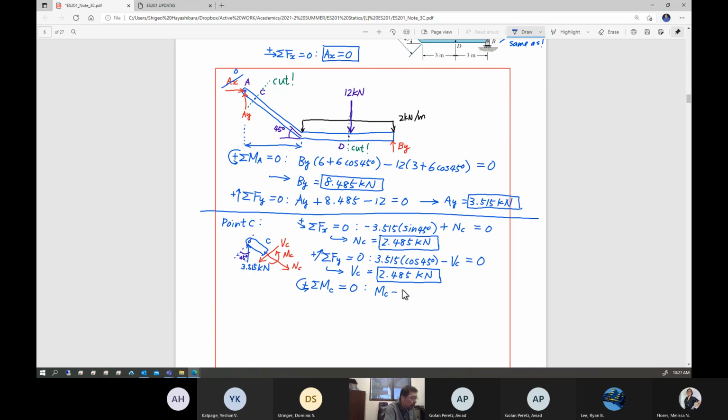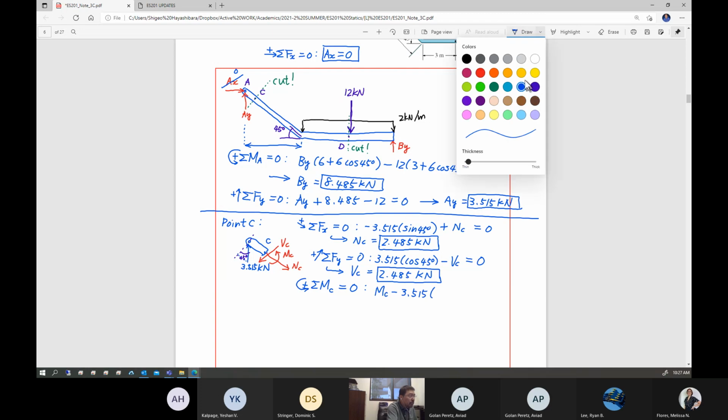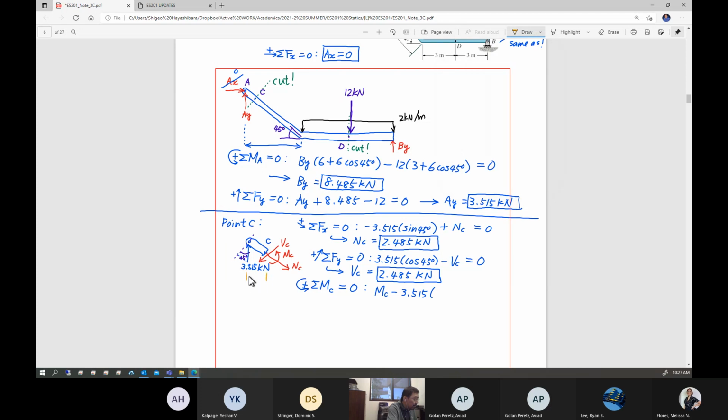So I'm going to do this: 3.515 kilonewton times, I'm going to find out the distance here. This distance is 2 times cosine 45. In other words, this is 2 meters, so this is 2 times cosine 45 meters.